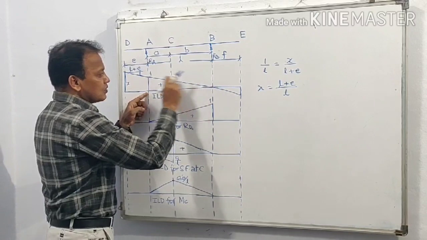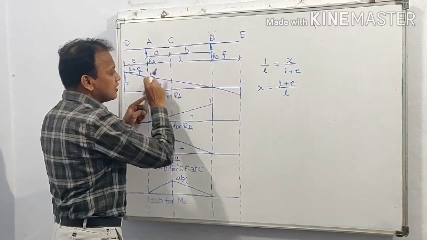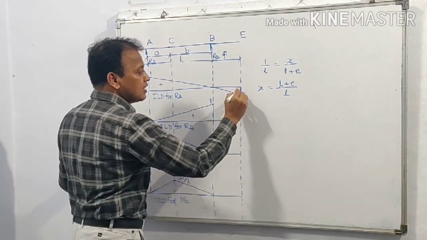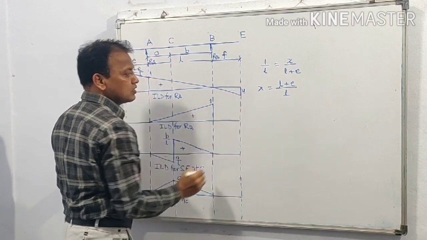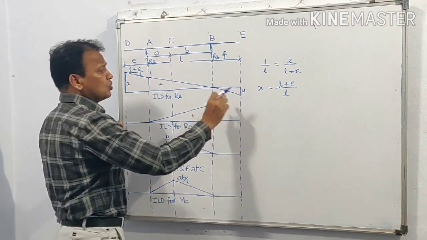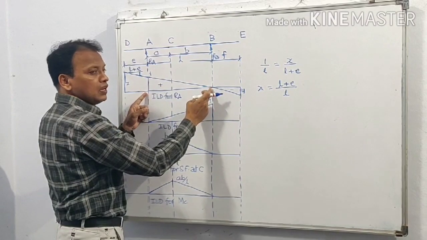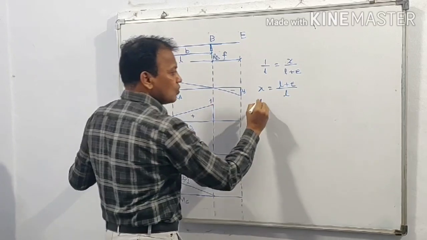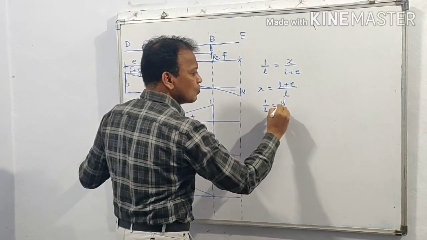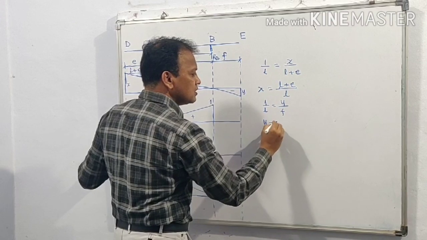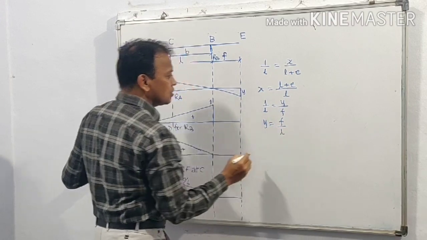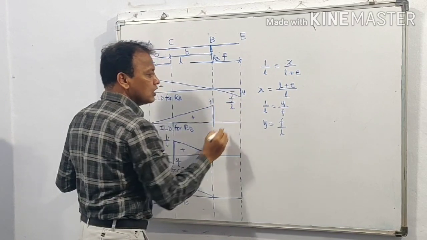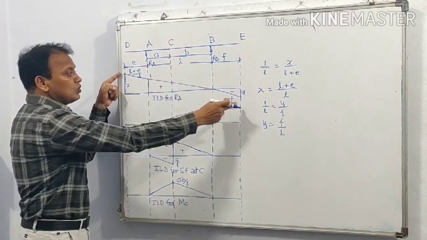Now one triangle, another triangle, we have continued this line. Therefore these two are similar triangles. Let this ordinate be y. So 1 upon L is equal to y upon F. Therefore y is equal to F upon L. So this ordinate we are getting is F upon L. You can verify both these ordinates.